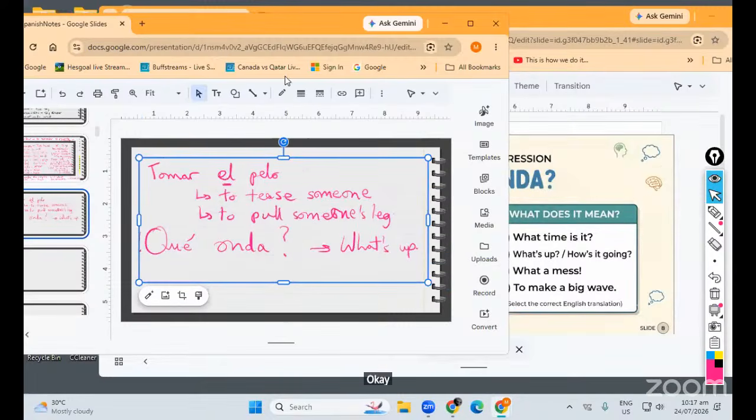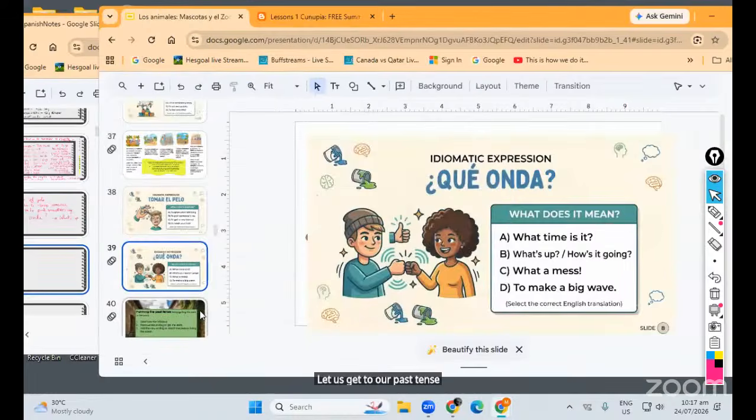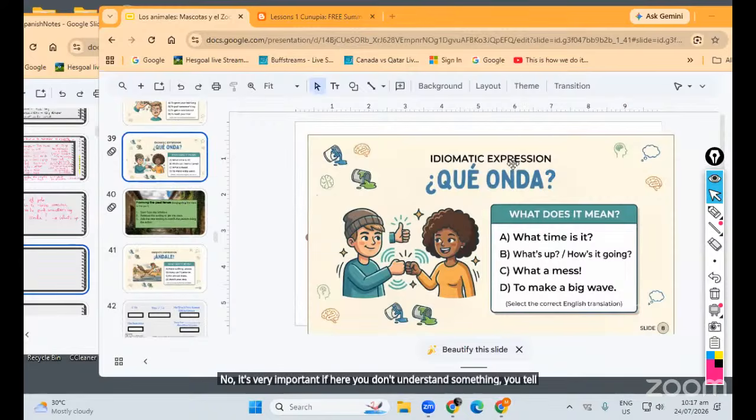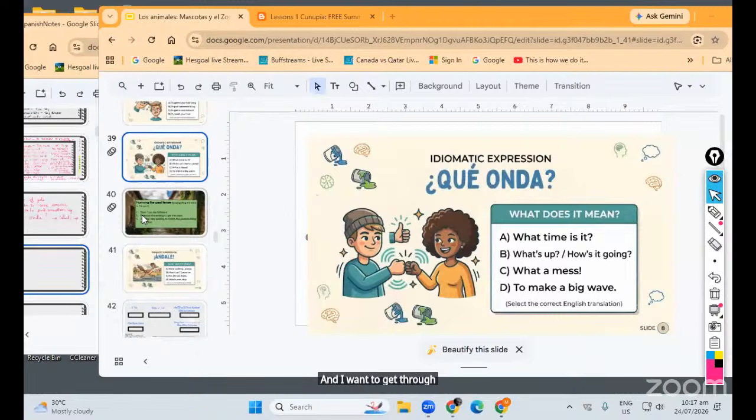Okay. Let us get to our past tense. Now, it's very important if you don't understand something, you tell me, right? And I want to get through formation of preterite and imperfect, but we might not, and that's okay.